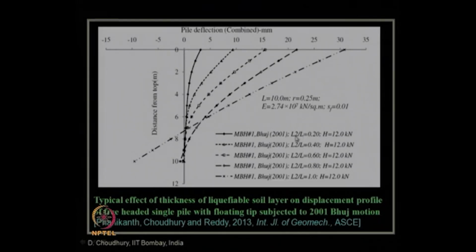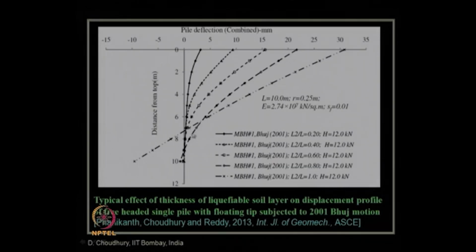Can you see this L2 by L ratio, that is the thickness of the liquefiable layer is 20% of the total length of the soil layer or the pile length, whereas here the entire 100% is your liquefiable layer. So, that is why you can expect that when it is entire 100% liquefiable layer, the total deflection of the pile occurs, that is why this line.